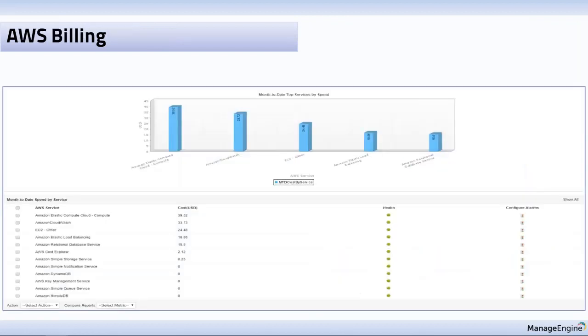Next, we have the AWS Billing, which is one of the widely used services in Amazon Web Services. The reason being, this lets a user identify how the cost is spread across various services available within AWS.